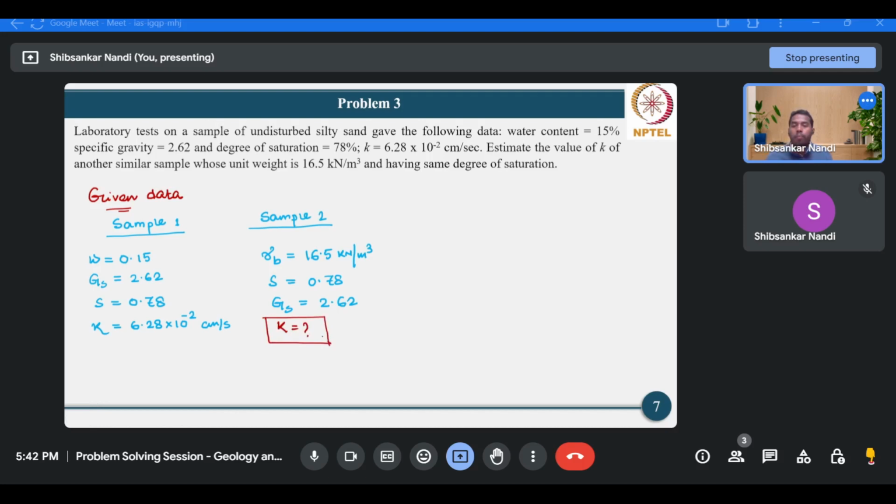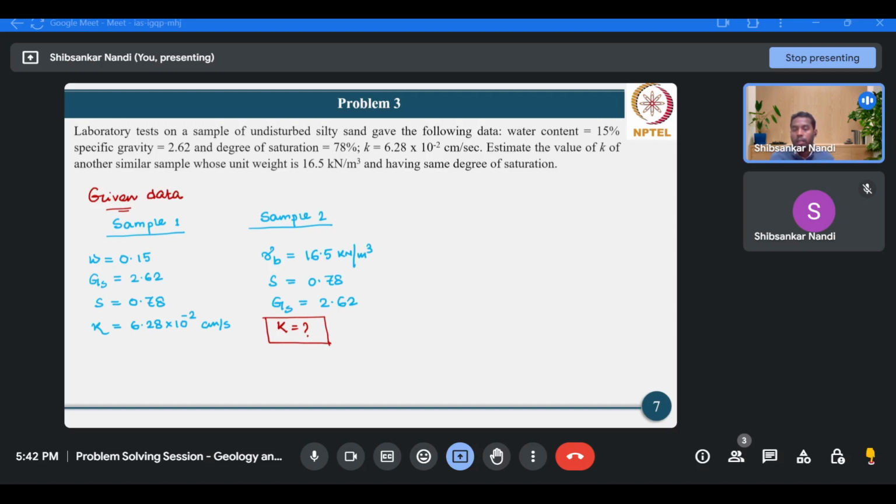Therefore, first you need to identify the controlling parameter or the factor which would be the possible reason behind the variation in the void ratio for these two samples. First you have to identify that factor.